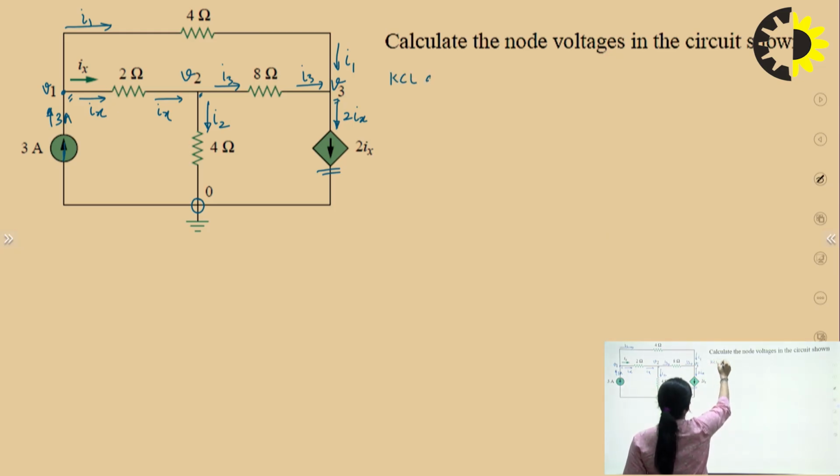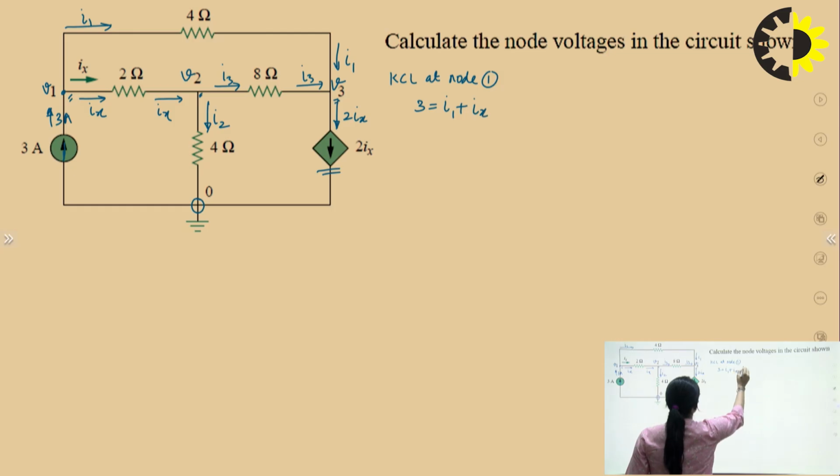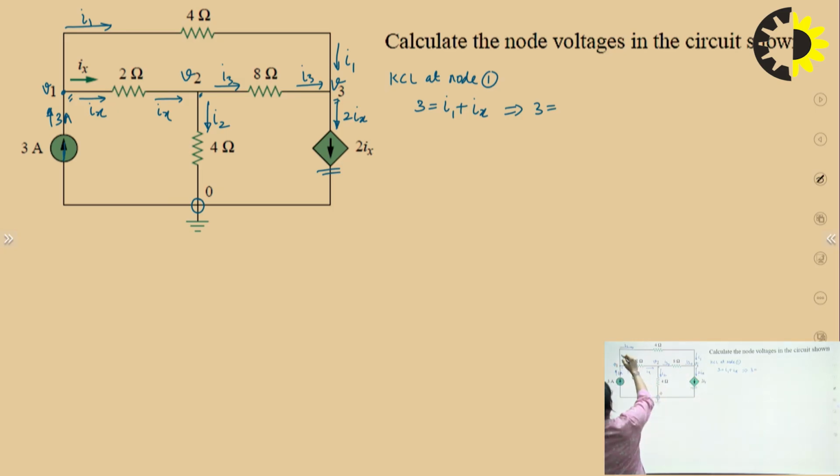First, KCL at node 1. Incoming currents: 3 ampere is the incoming current only. Ix is an outgoing current and I1 is also an outgoing current. So 3 is equal to I1 plus Ix. Now the values in terms of node voltages: I1 will be (V1 minus V3)/4 through this 4 ohm resistance.